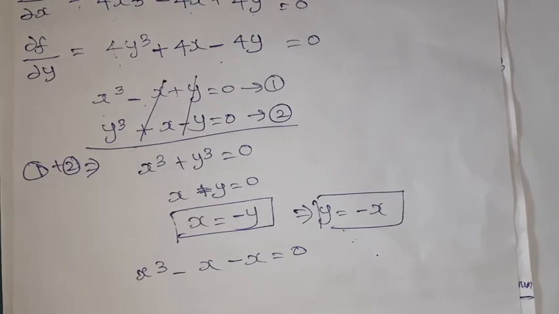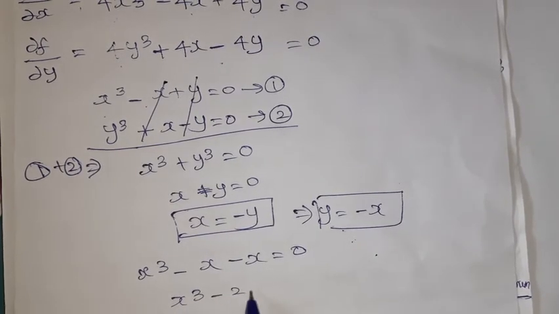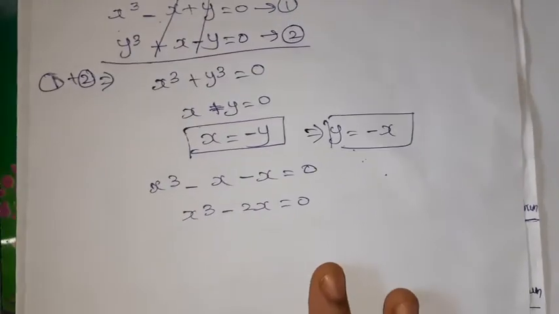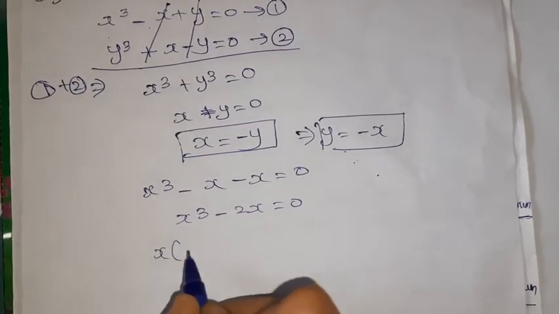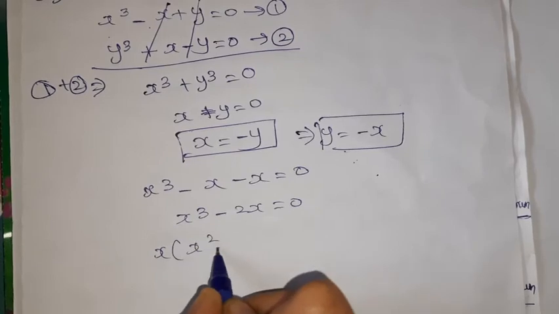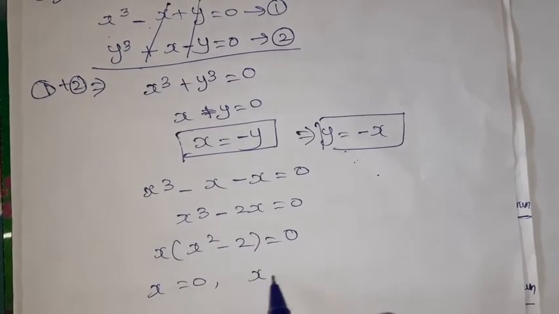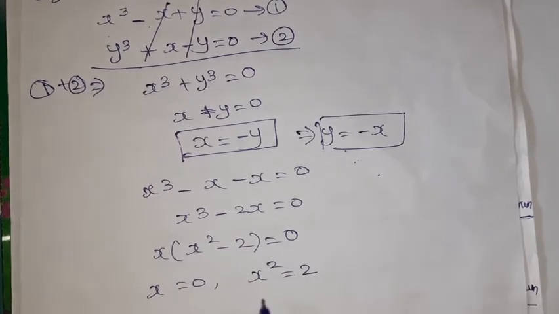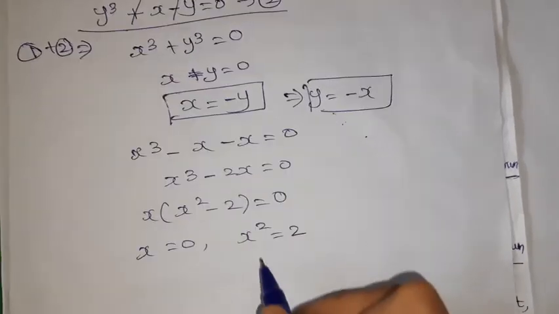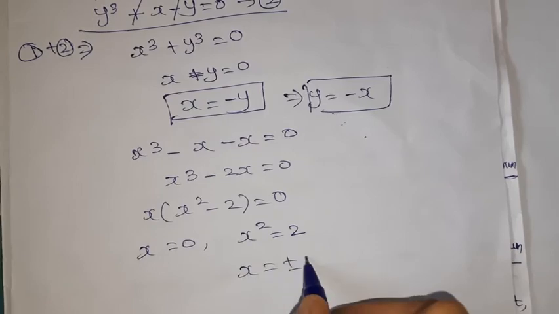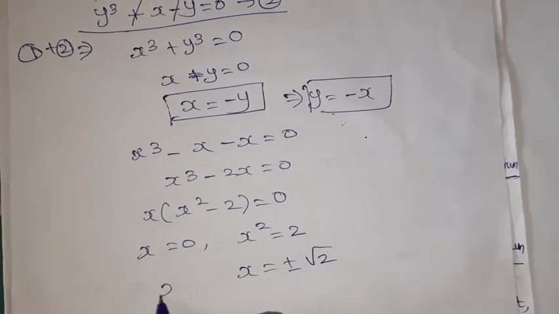Okay, so what is that, x cube minus 2x equal to 0. Then taking x as common, x squared minus 2 equal to 0. So x equal to 0 and x squared equal to 2. Then x equal to plus or minus root 2 and x equal to 0.